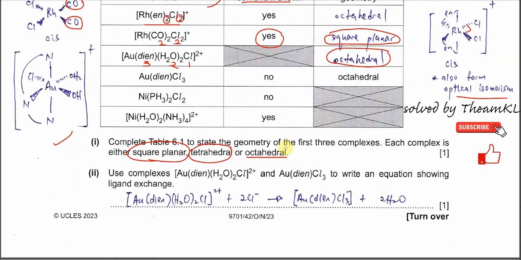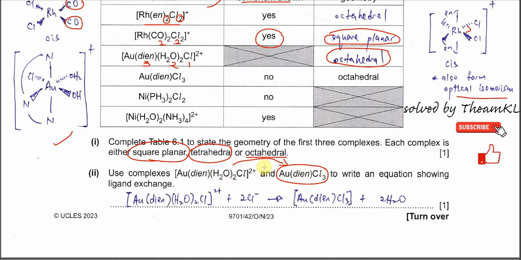Now part 2, use this complex ion and this complex ion to write the equation showing the ligand exchange. So this is actually asking you to form this complex ion, the gold with diene and the 3 chloride. It means use the first complex ion to form this second one. And from here we can see that the first complex ion has 2 H2O.